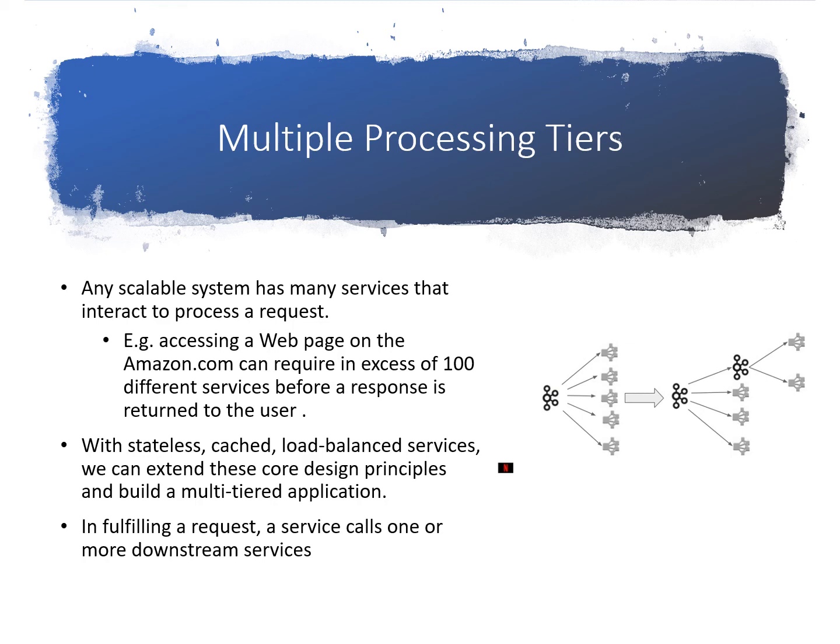The beauty of the approaches we've described so far, namely stateless services, load balancing, and caching, and distributed data, is that we can just extend these core design principles and build a multi-tiered application. In fulfilling a request, a service can call one or more dependent services or downstream services, which in turn are replicated and load balanced.